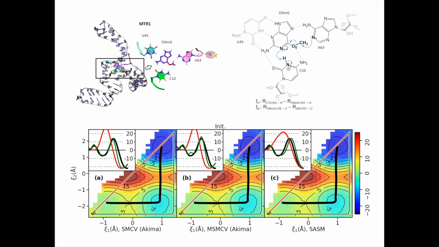Now, with the surface accelerated string method, what we essentially do is leverage the fact that we have a method that can quickly compute a robust high dimensional free energy surface locally along the path. And then we can construct synthetic iterations on that path as a preconditioner to accelerate the convergence.